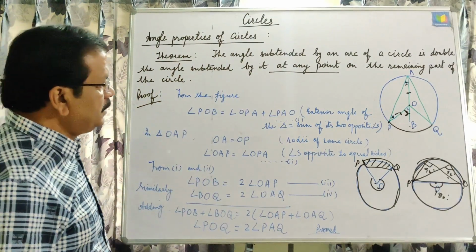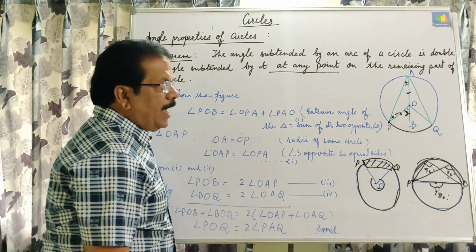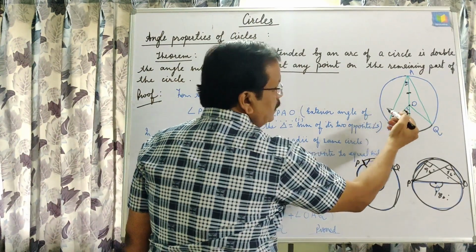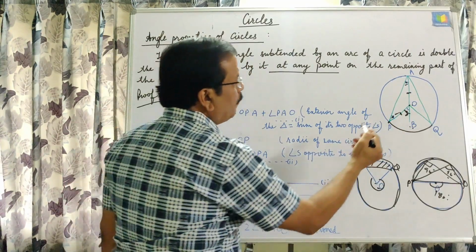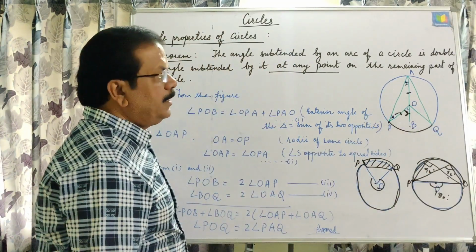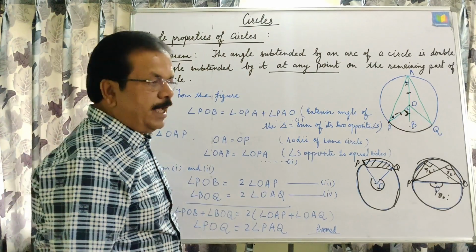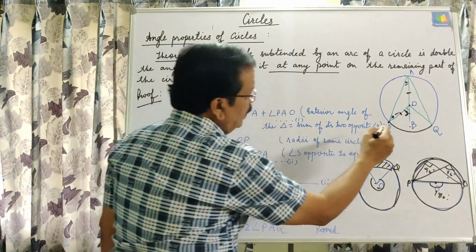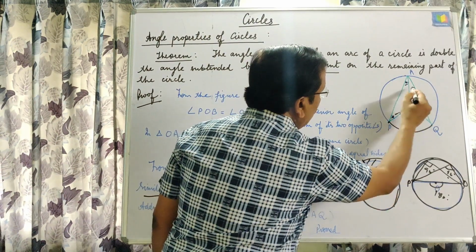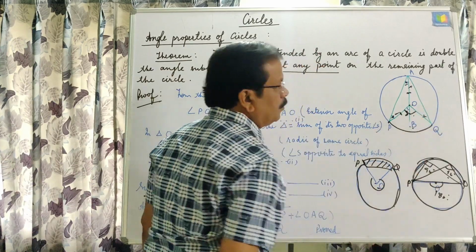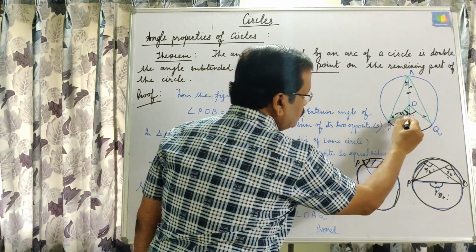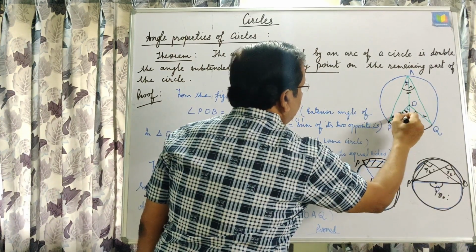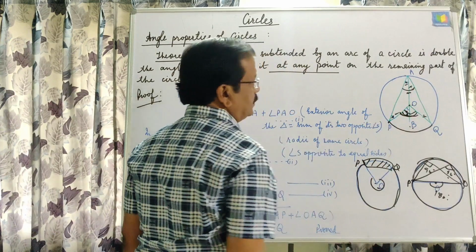Okay, in geometry, if we are proving any theorem or question, and half of the reasoning is the same for the other half also, then we need not write the same thing again, and that is why after this we can write similarly. Similarly, this is equal to the sum of these two. Adding these two, this is twice of this.